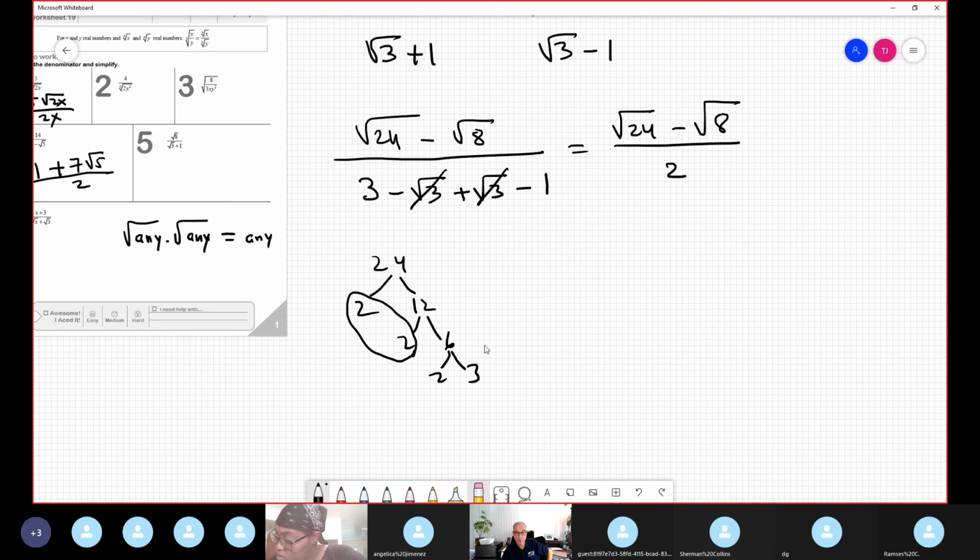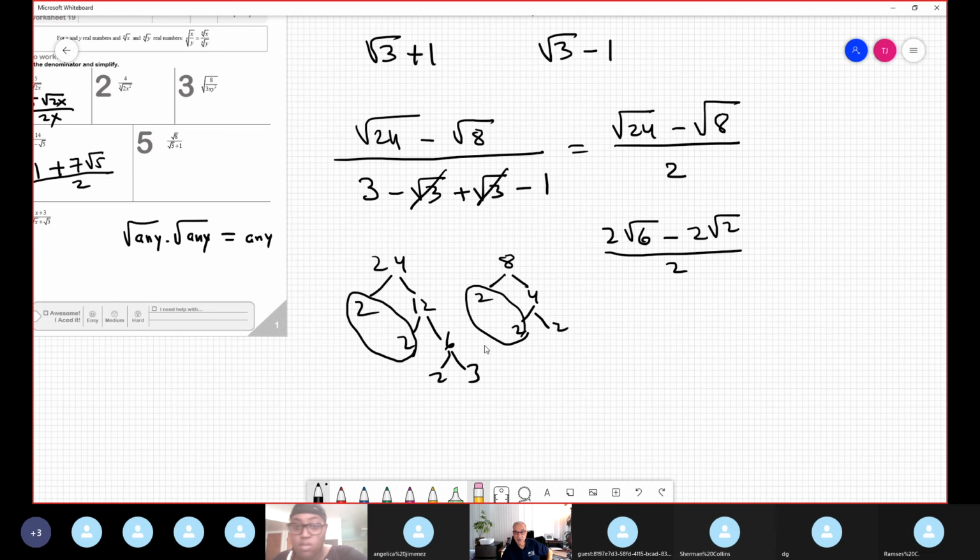Instead of radical 24, I put 2 radical 6, minus radical 8: 8 is divisible by 2 is 4, divisible by 2 is 2, a couple of 2 again, so we have 2 radical 2, all divided by 2. Ooh, and you can split that. 2 radical 6 over 2 minus 2 radical 2 over 2. The final, elegant answer is radical 6 minus radical 2.